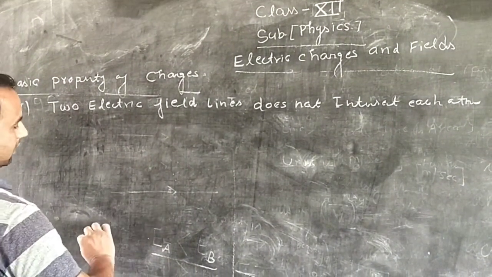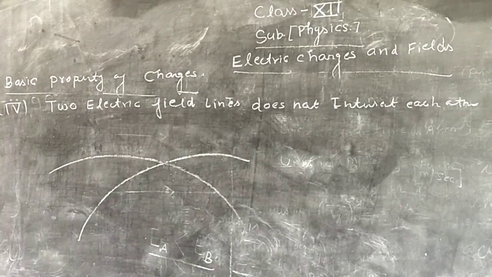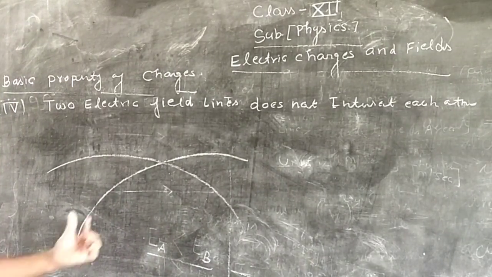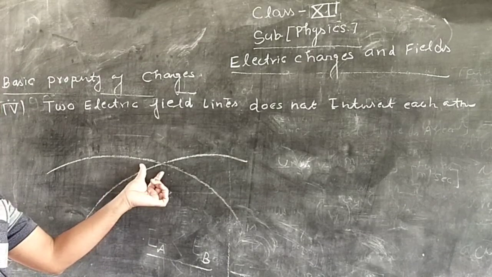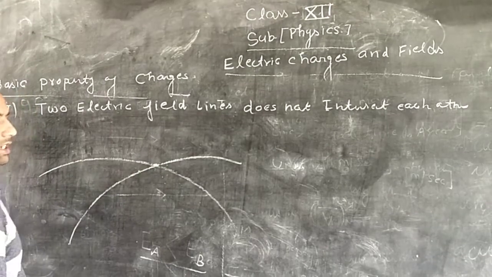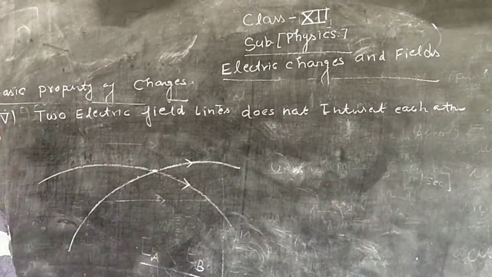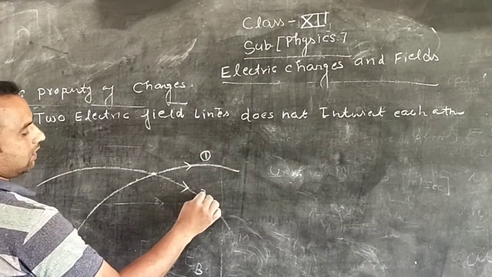If we see that there are two electric field lines, suppose we assume that the two electric field lines are intersecting each other, and this is the point of intersection. The electric field lines are going from here and coming from here. This is the first electric field line and this is the second.